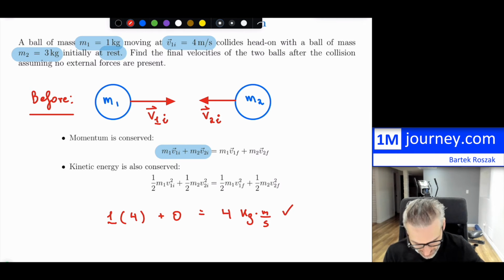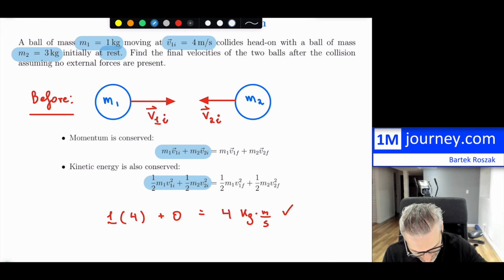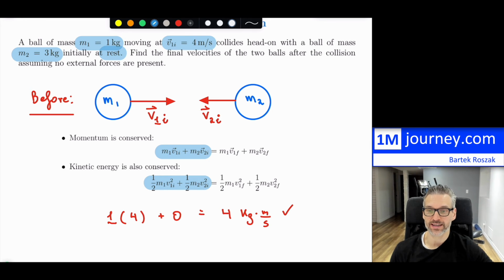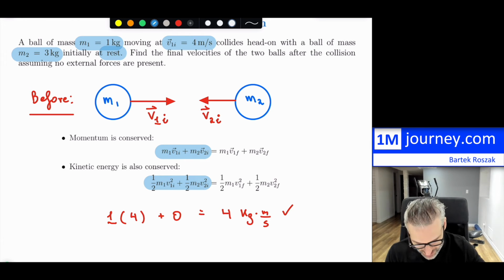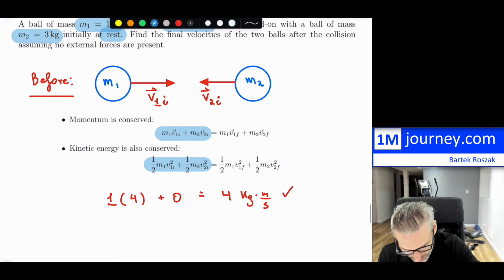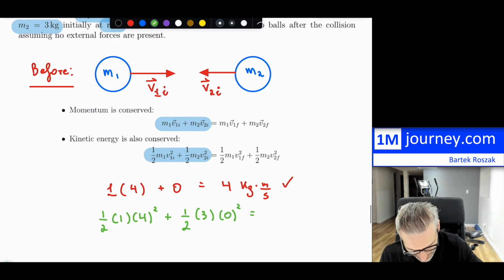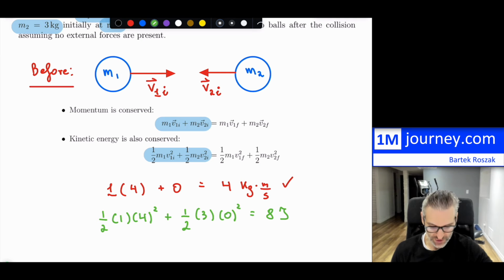So check, that's just before, on the momentum side. Now in terms of the kinetic energy, we can calculate that as well by substituting that in. We get 8 joules in total amount of kinetic energy.